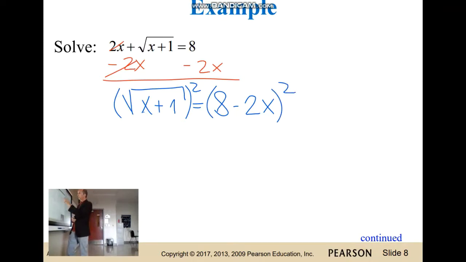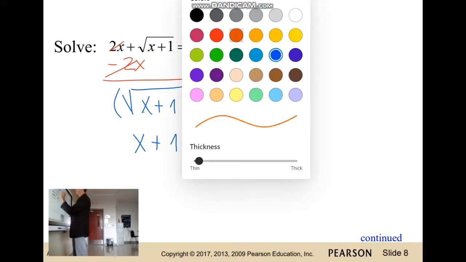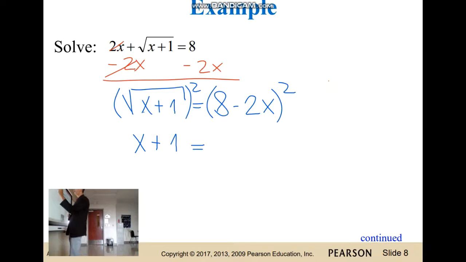Square root of x plus 1 squared is just x plus 1, right? And 8 minus 2x squared. Just to remind you, let's apply this special product here, which is, let me write down up here, a minus b squared equals a squared minus 2ab plus b squared.